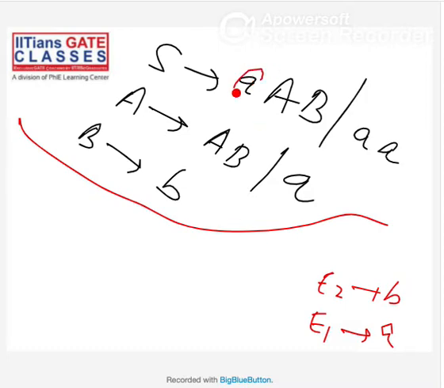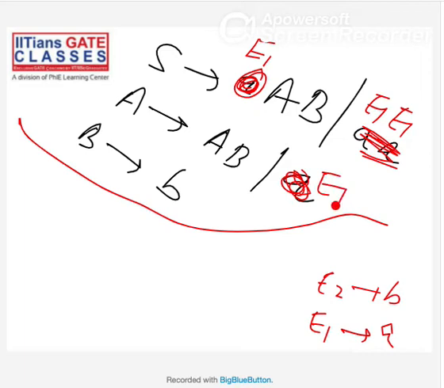Now this A can be replaced with E1. These two A's can be replaced with E1, E1. This B can be replaced with E2. Now you can see this thing is not allowed.